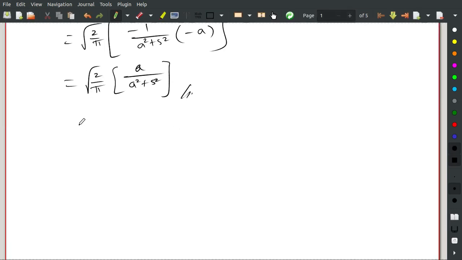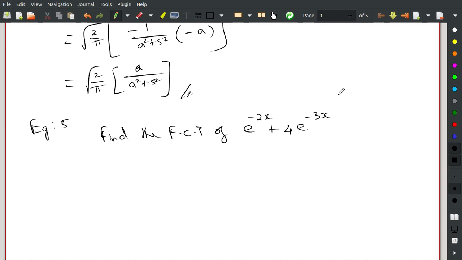Let me move on to the next example. It's example 5 in the book. So I am working out example 5, and it reads: find the Fourier cosine transform of e power minus 2x plus 4 e power minus 3x. Okay, so let's start with the formula.